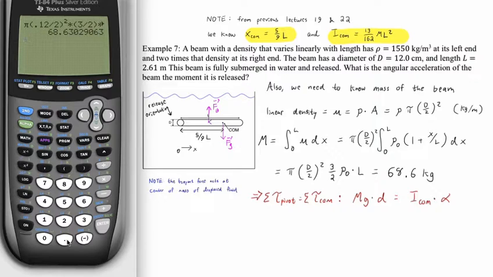This is d here, which is the distance from the center of mass to the geometric center. We can make that calculation fairly easy because the geometric center is 1/2. So d is just going to be 5/9 minus 1/2.